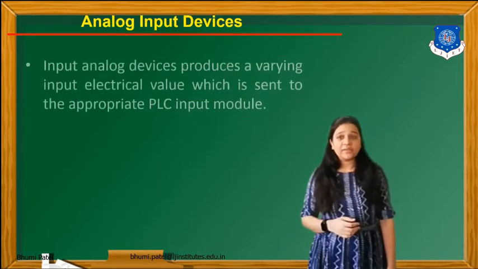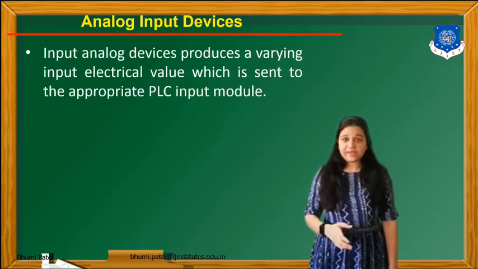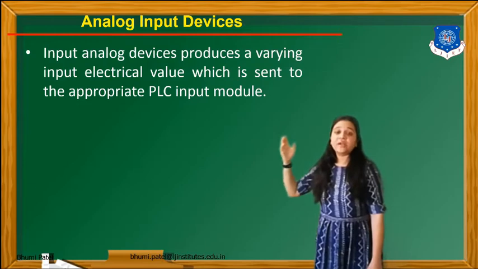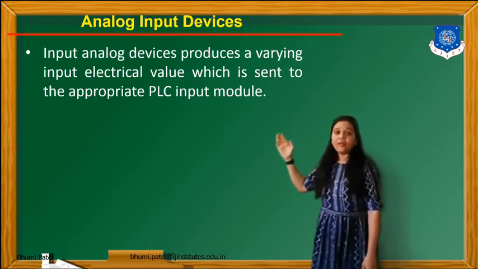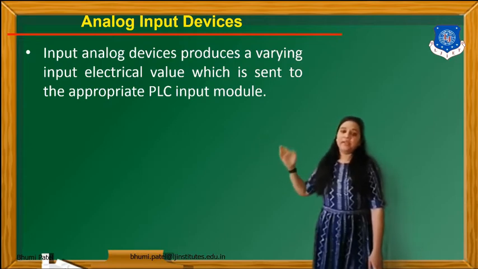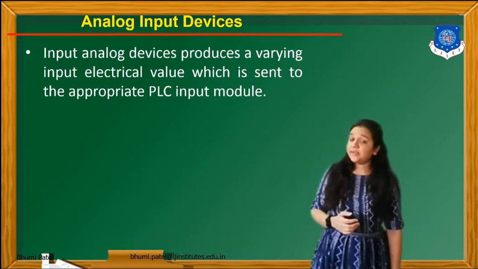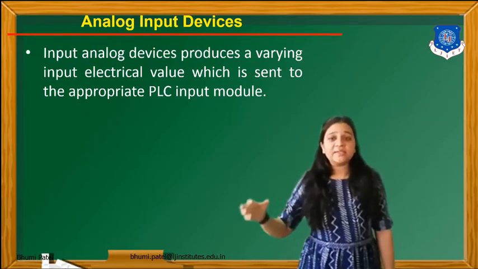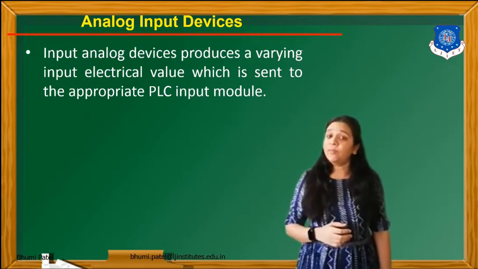The next topic is the analog input devices. Input analog devices produce a varying input electrical value which is sent to the appropriate PLC input module. As we studied in chapter number 1, we can connect a PLC input module to the PLC block diagram.